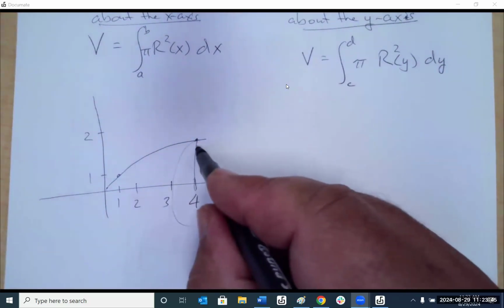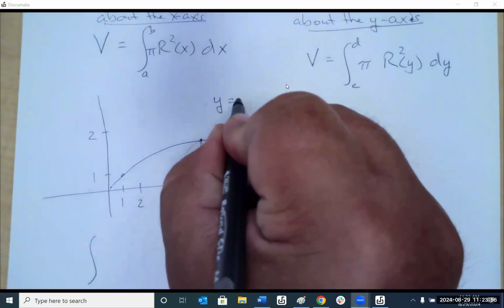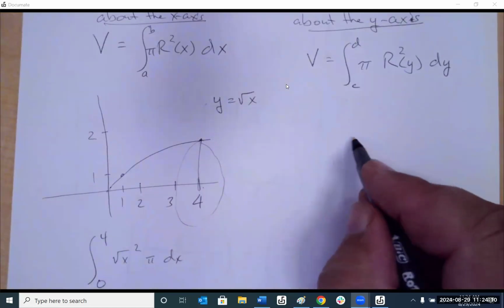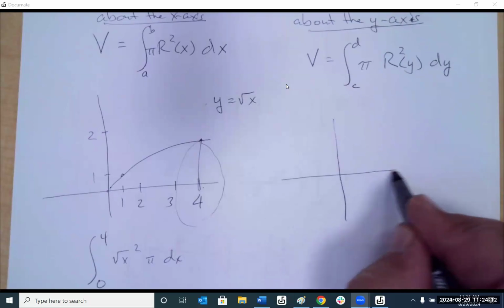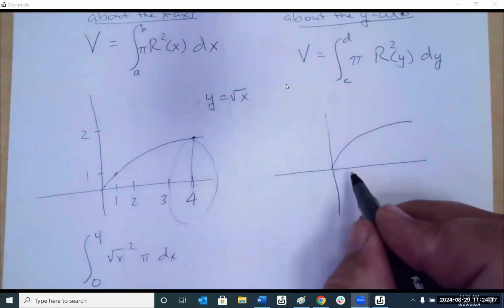If we rotate it about the x-axis, what is our bounds of integration? Because our function is y equals square root of x. Our bounds of integration goes from 0 to 4. But now, I'm using the same function.